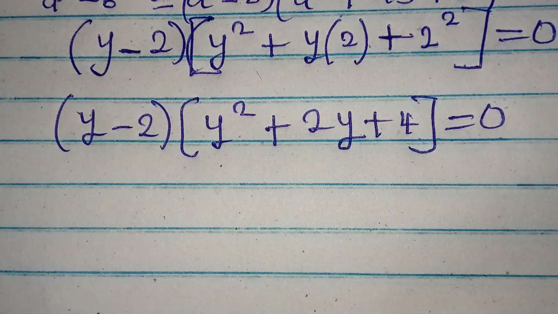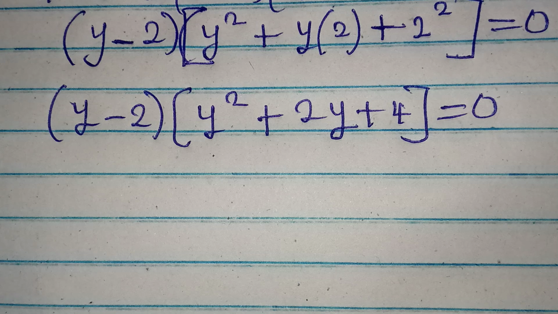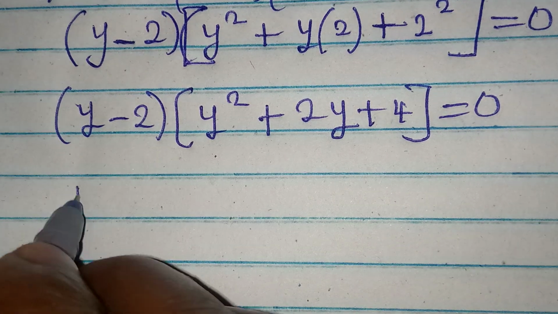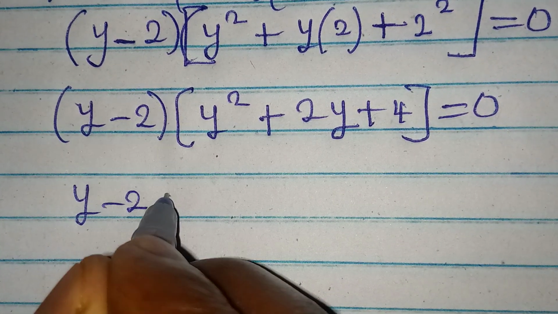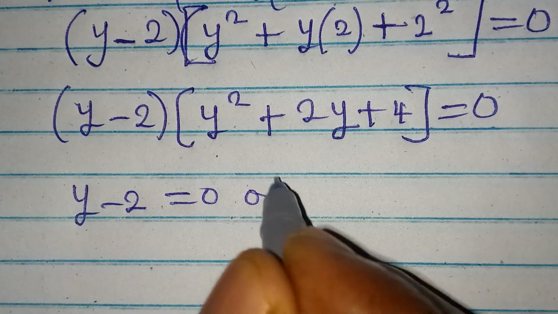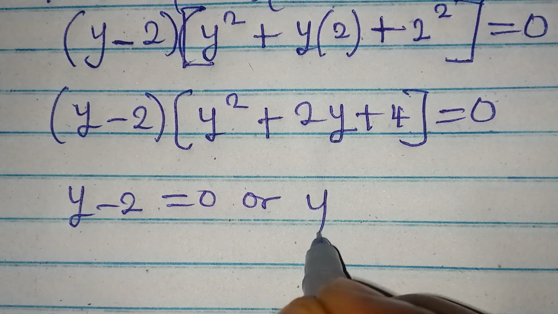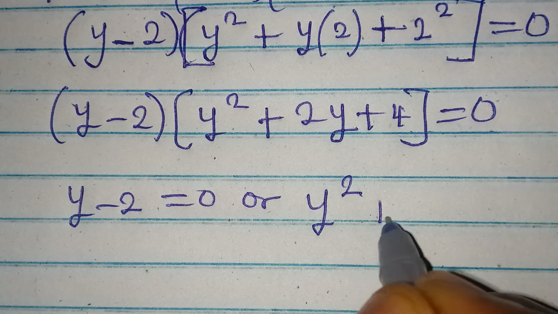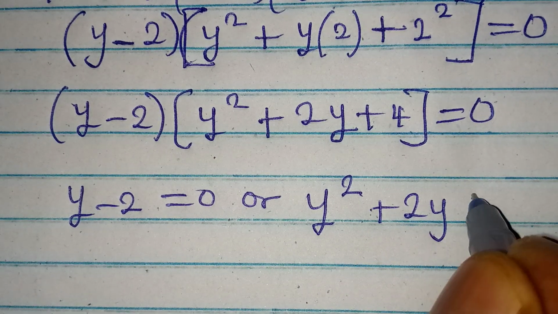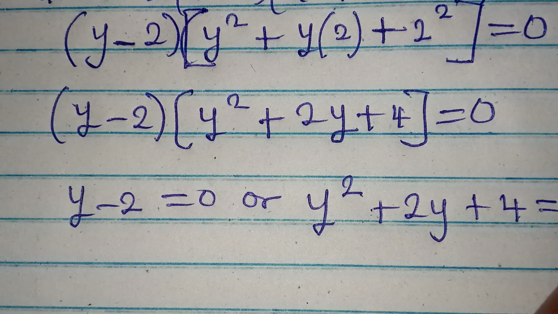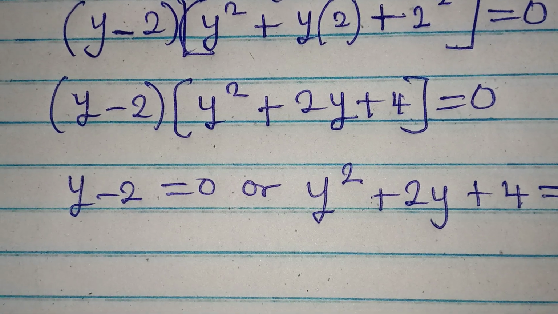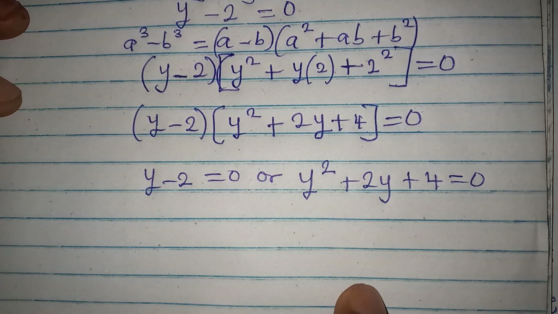And this is the point where we apply the zero product rule. So it is either y minus 2 is equal to 0, or this quadratic expression y squared plus 2y plus 4 is equal to 0. Okay, so this is what we have.